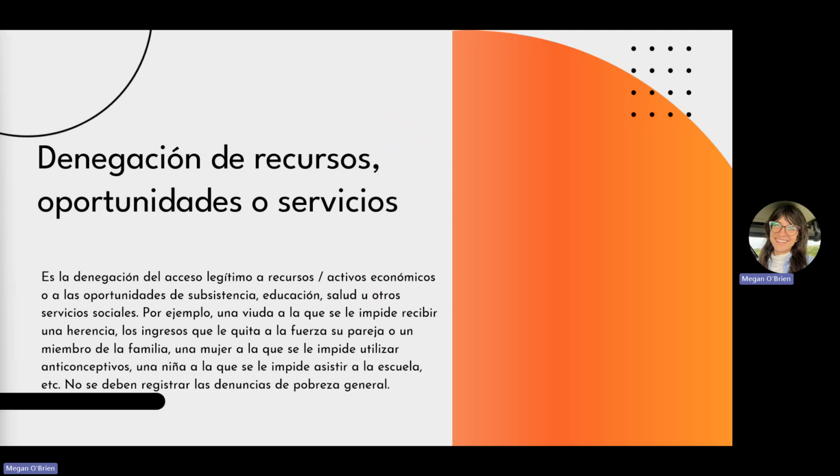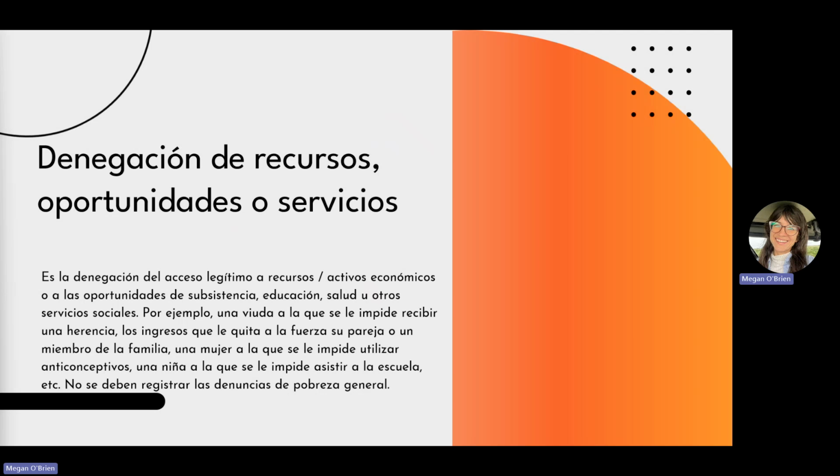Denial of resources, opportunities, or services is the denial of rightful access to economic resources and or assets or livelihood opportunities. The denial of rightful access to education, health, or other social services.